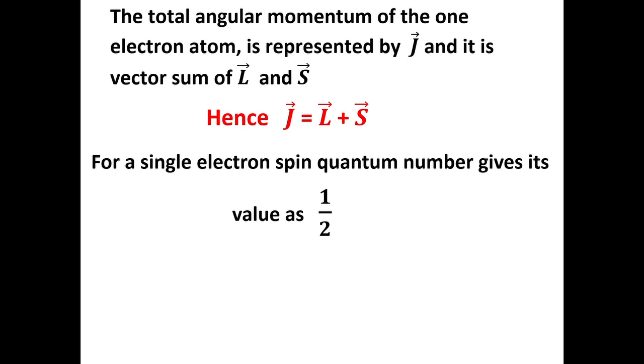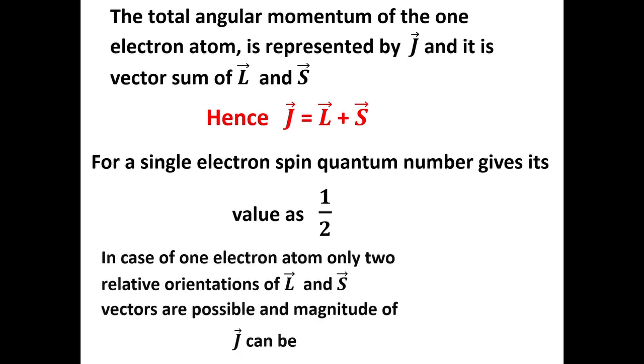In case of one electron atom, there are only two orientations possible, because of spin up and spin down. For a single electron, there is no other possibility of combinations with the presence of other electrons. So with respect to the L vector, either the S vector will be in the same direction or in the opposite direction of L. And the magnitude of J can be either L plus S or L minus S.